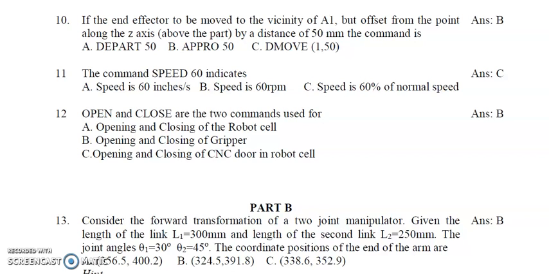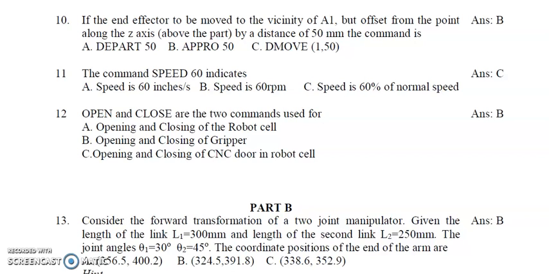Question number 11, the command speed 60 indicates: A. Speed is 60 inches per second. B. Speed is 60 RPM. C. Speed is 60% of the normal speed. So the answer is C. If it is given simply as 60 alone, then it is called 60% of the normal speed.